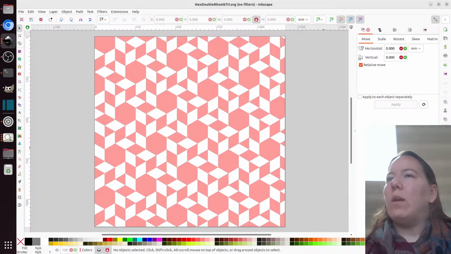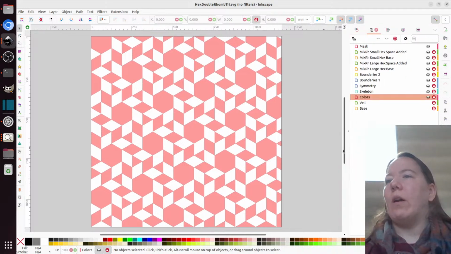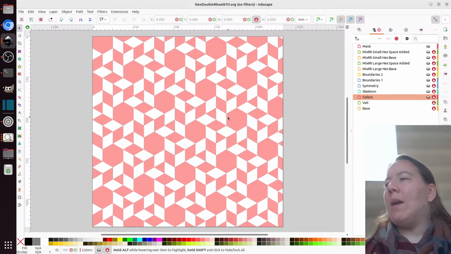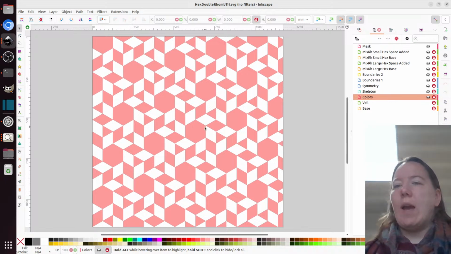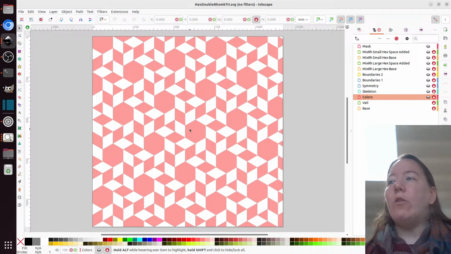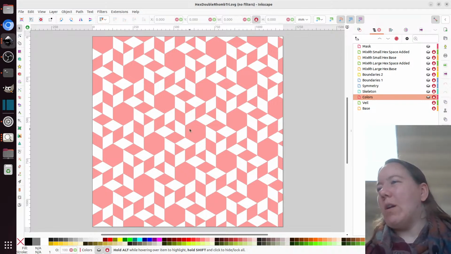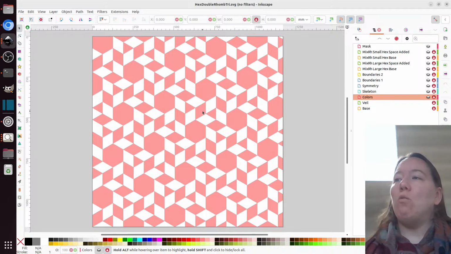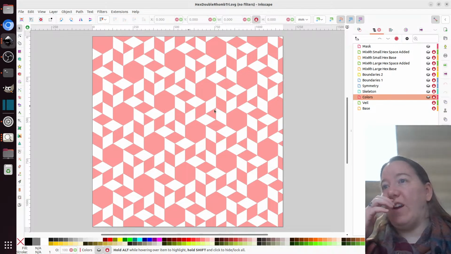So here I have the hexagon double rhombus triangle tiling, and when you look at it in the 2-color form, it might look kind of confusing, but still there's only one hexagon, one white rhombus, one red rhombus, one red triangle.